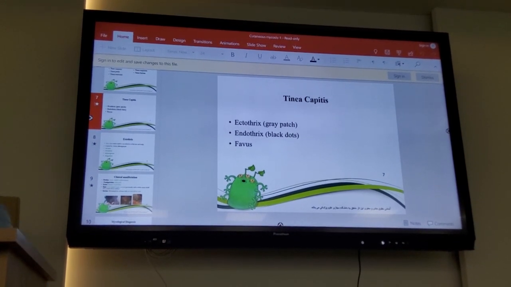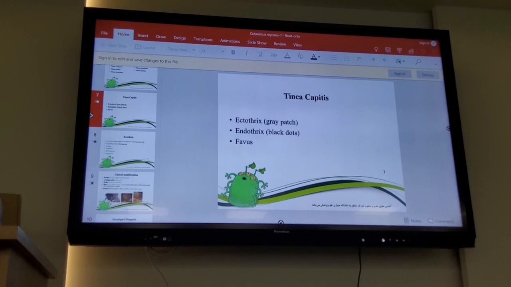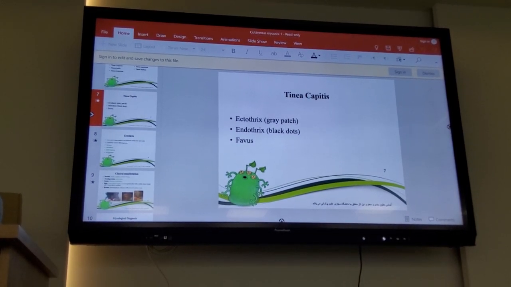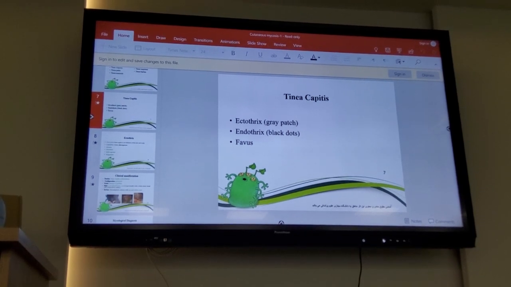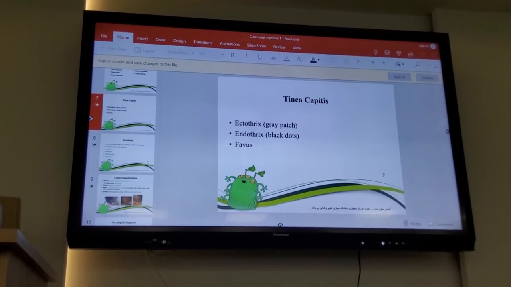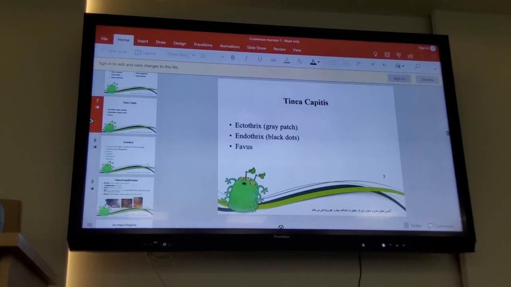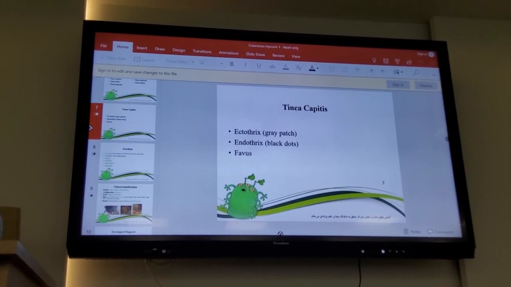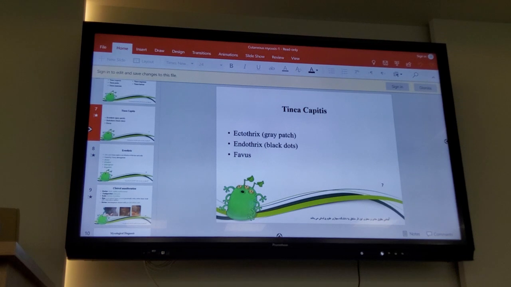Okay. In epidemiological factors, we must say dermatophytosis of the scalp, or tinea capitis, involves children, age before producing sexual hormone. The children that go to school.